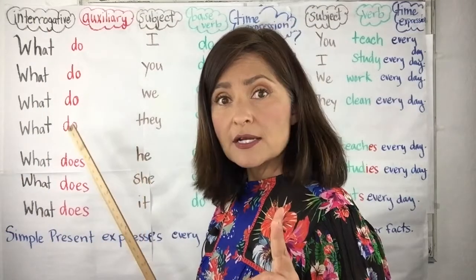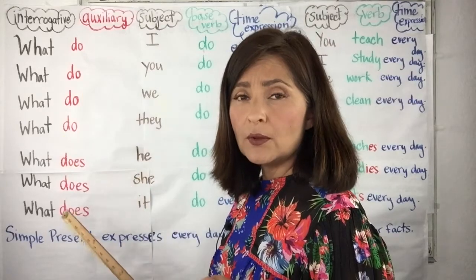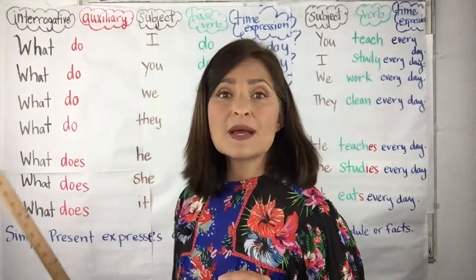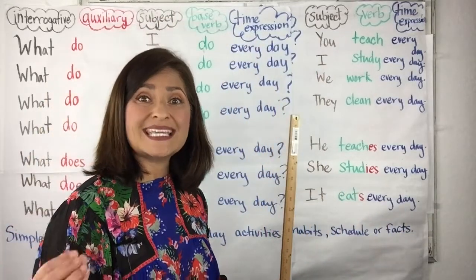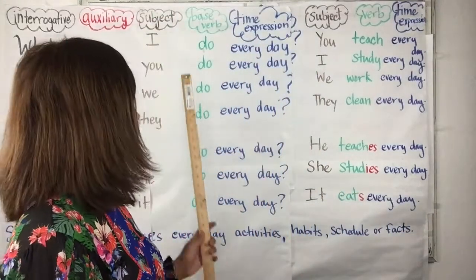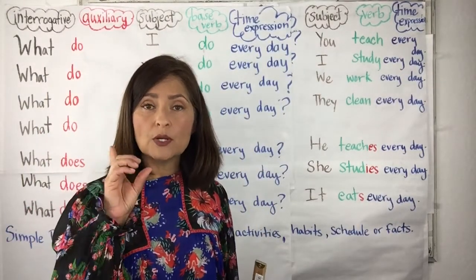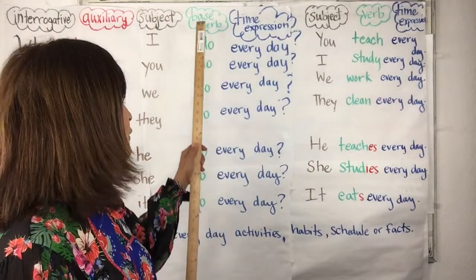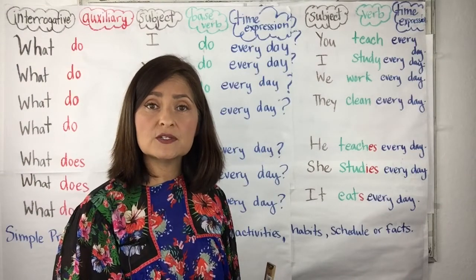Second, the auxiliary. We already went over why do we use do here and why do we use does here. Third is my subject, who or what my question is about. Then we use a base verb. And here I really want you to notice what kind of verb do I use. I use a verb in the simple present form, in the present form.